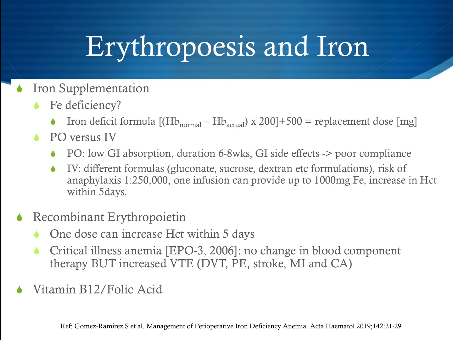And then the question is PO replacement versus IV. Traditionally, we are more used to the PO replacement strategy, but more and more popular is the IV supplementation route. So PO, keep in mind there's a low gastrointestinal absorption rate between 20 to 30%.